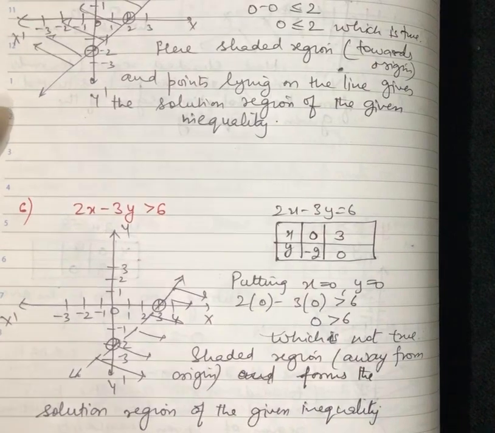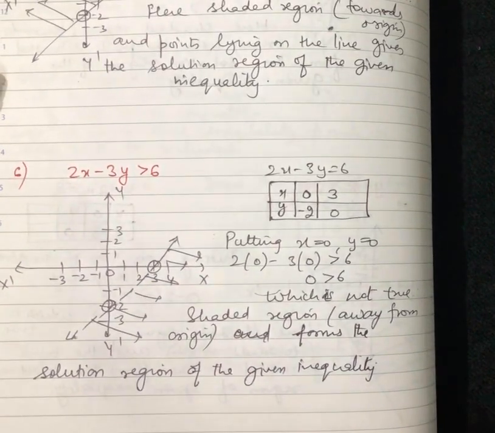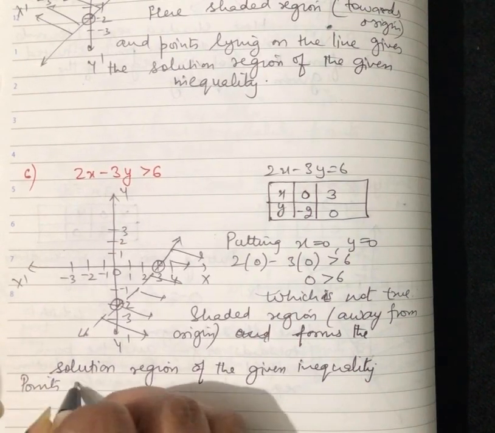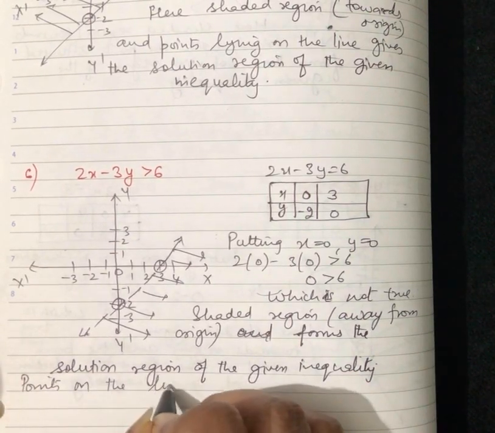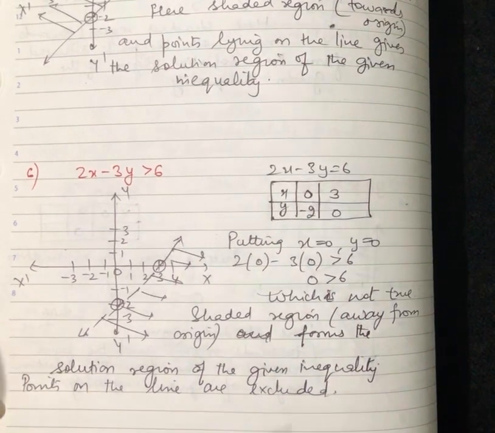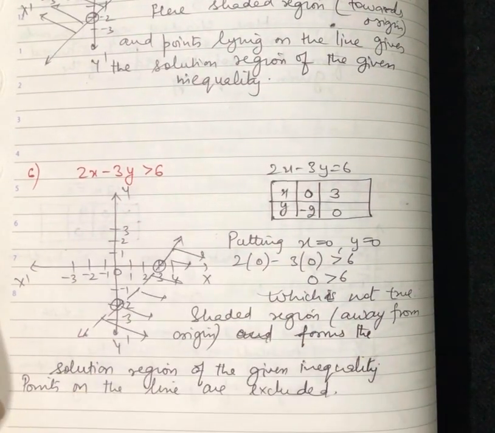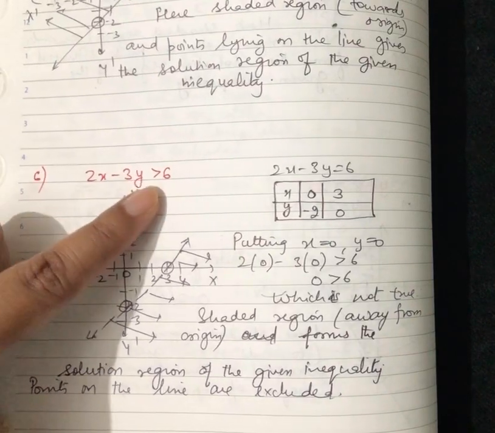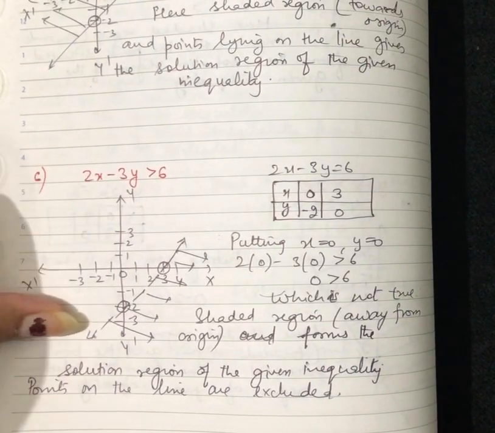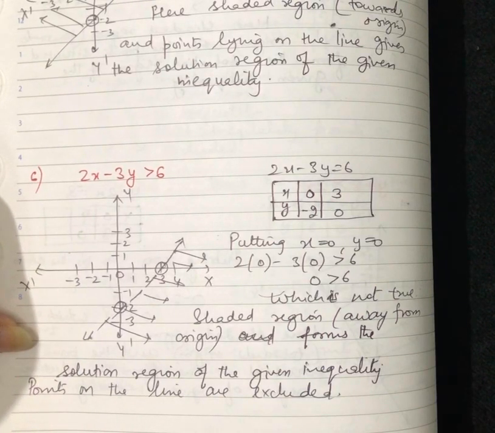Here there is no equal sign, so the points on the line are excluded because there is no equality sign here. The points lying on the line will not be included, they are excluded. So this completes sixth question.